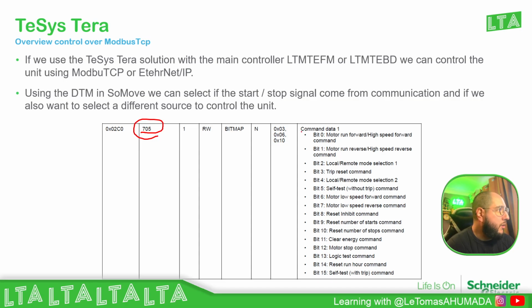Here you have all the different commands for control word one. The ones we are interested in are these two. These define which one is going to be local 1, local 2, local 3, or remote. So it's going to be bit 2 and bit 4, and we need to control those.